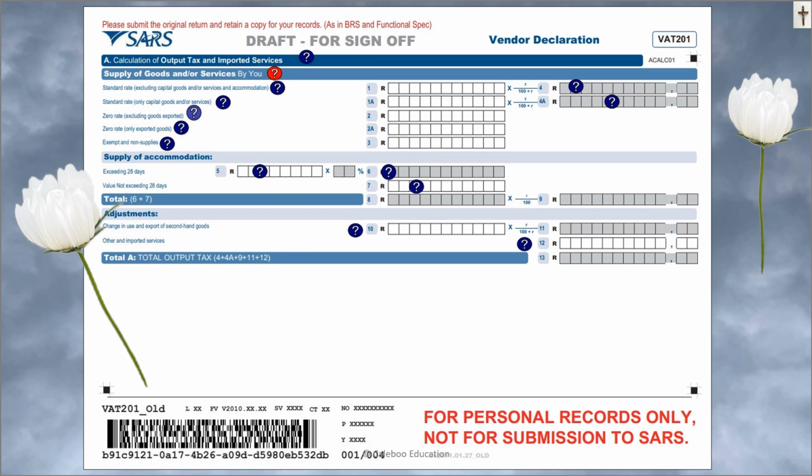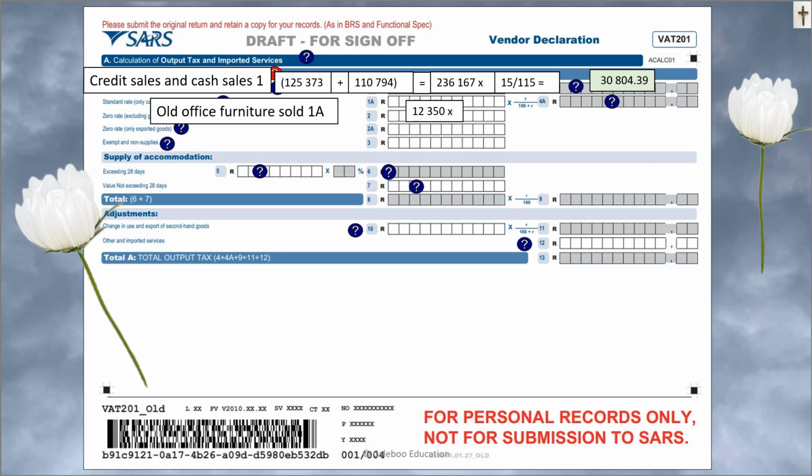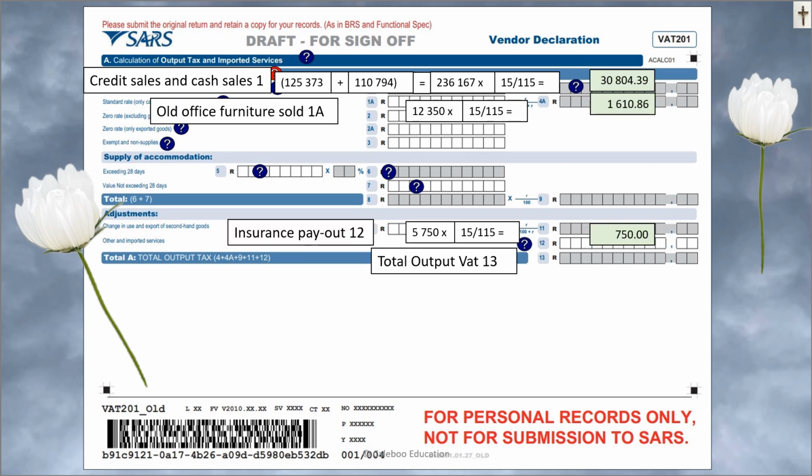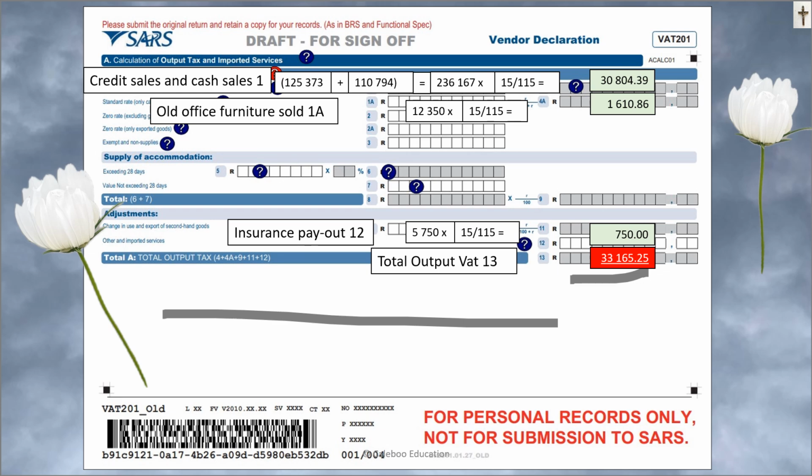I've put up this slide again just to recap. I'll go through it quickly. I calculated the output VAT, and there we go, I got the total. That was on page 1. There's the output VAT, just to refresh, and then I'll quickly go through the calculation of the input VAT.